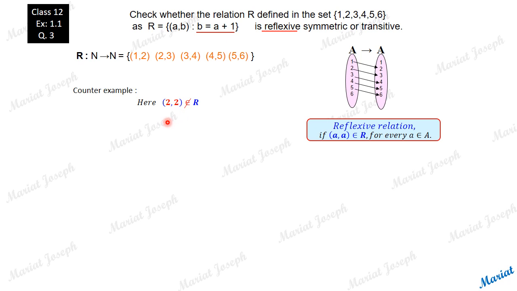So this goes as a counter example, an example that goes against the definition. An element should have been there to call it a reflexive relation. We find such elements are not there. So this relation is not reflexive.